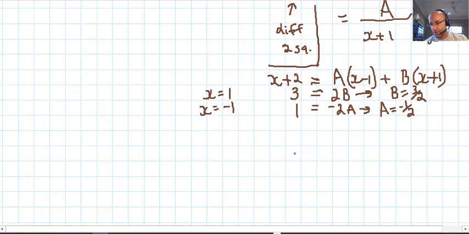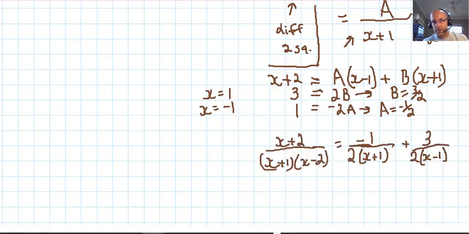So we write that down then, because you can see there we have a over x plus 1. Alright, so this is what we'll have. So it equals negative 1 over 2 outside of x plus 1. You can see that's where using your knowledge of fractions can come in handy, because a equals negative 1/2.